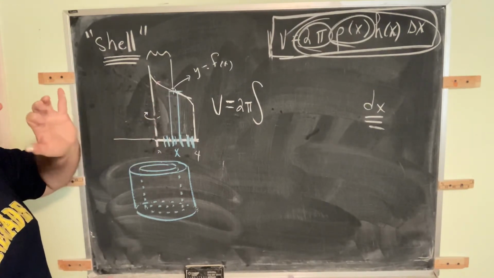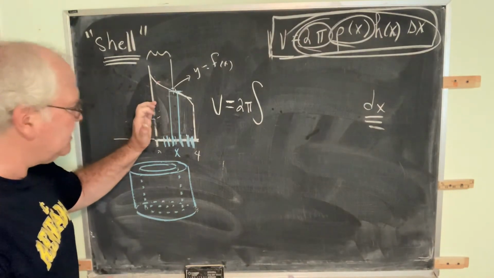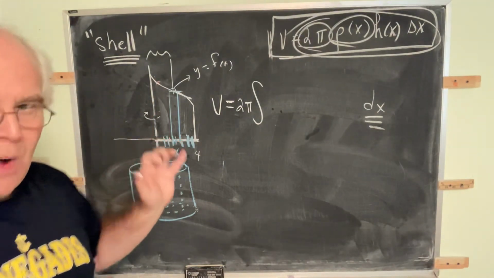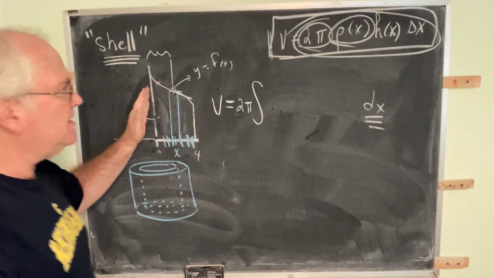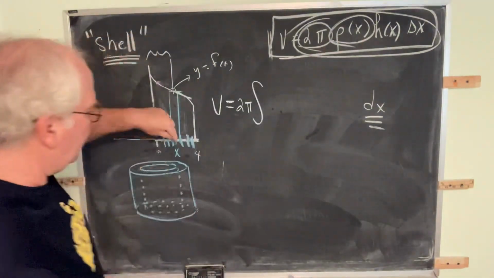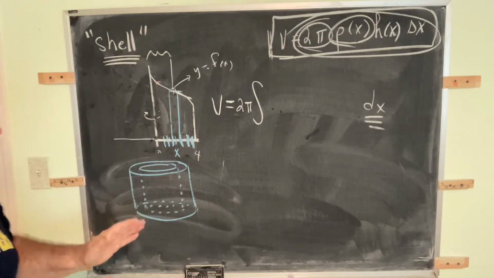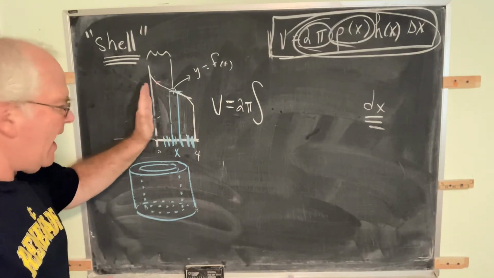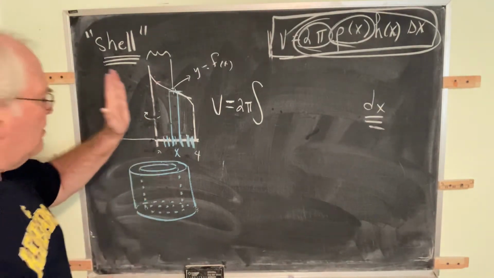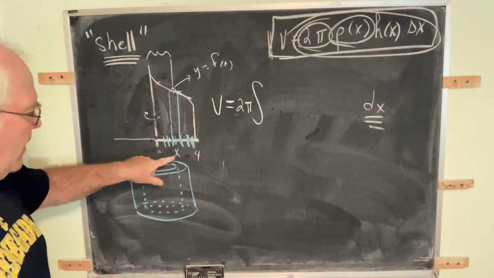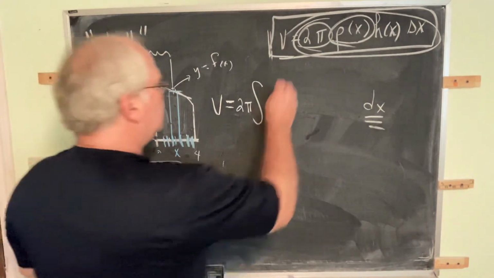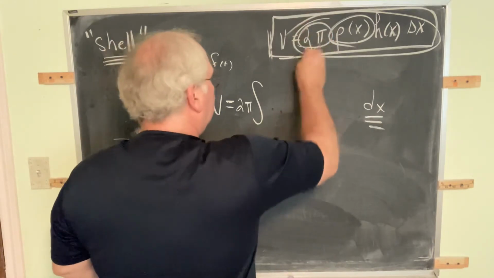Anytime you're revolving about the y-axis, that radius is simply the x-coordinate. Now, if you revolve about a different axis, things can get different. But if you're revolving about the y-axis, you can take that to the bank, revolve about the y-axis, the radius is the x-coordinate. So, 2 pi, got that.